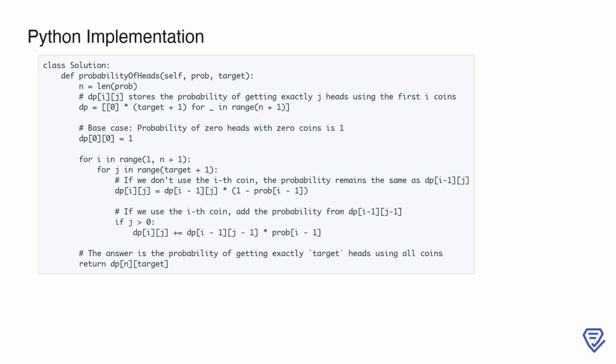The time complexity of the solution is O(n * target), where n is the number of coins and target is the required number of heads. The space complexity is also O(n * target) for the DP table. This implementation is robust and handles all edge cases effectively, such as when target is 0 or equal to the total number of coins.